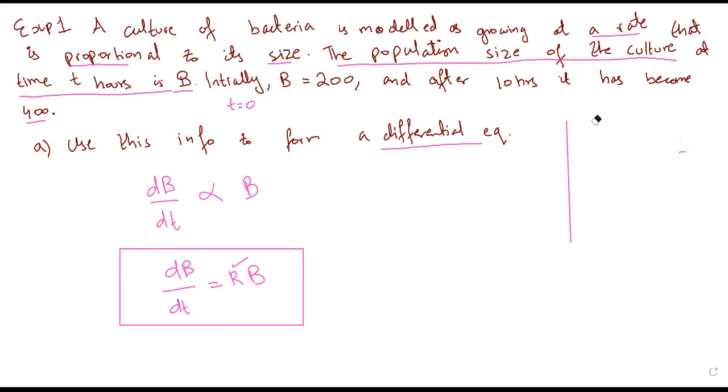So we have this differential equation dB by dt equals kb.